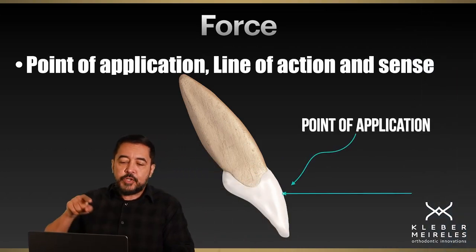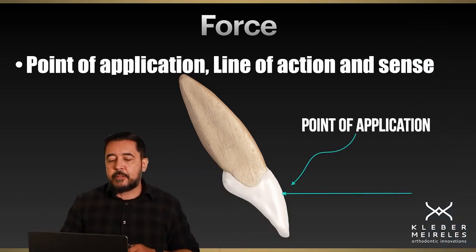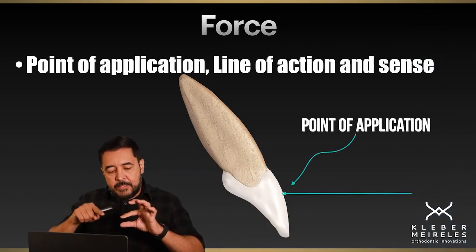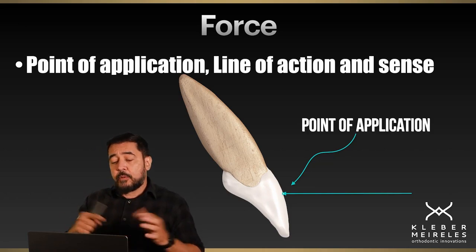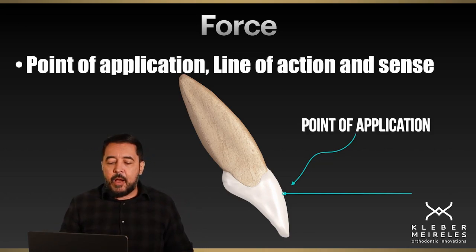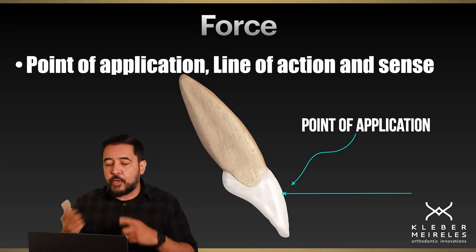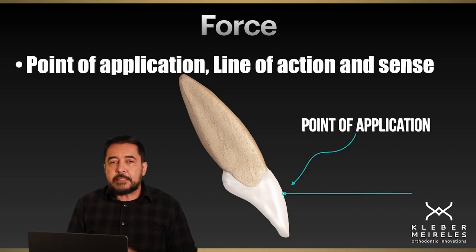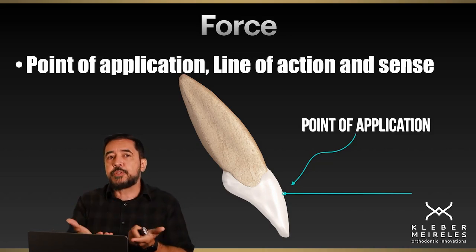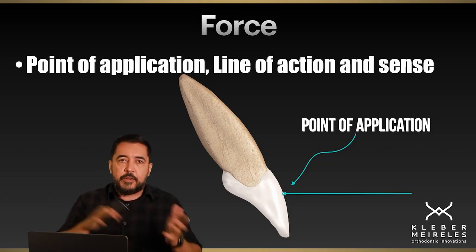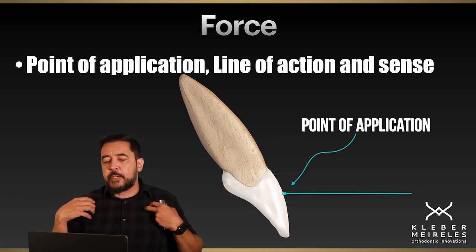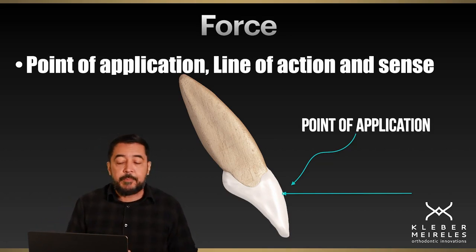I'm applying the force to distalize this tooth, for example, and the point of application is almost always at the center of the crown. In this kind of situation, I need to understand the side effects, the other forces or resultants of the system, and the quality of the movement.